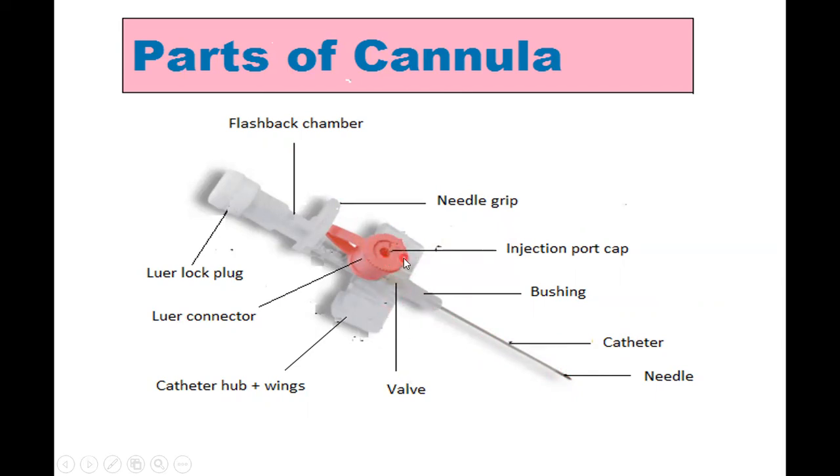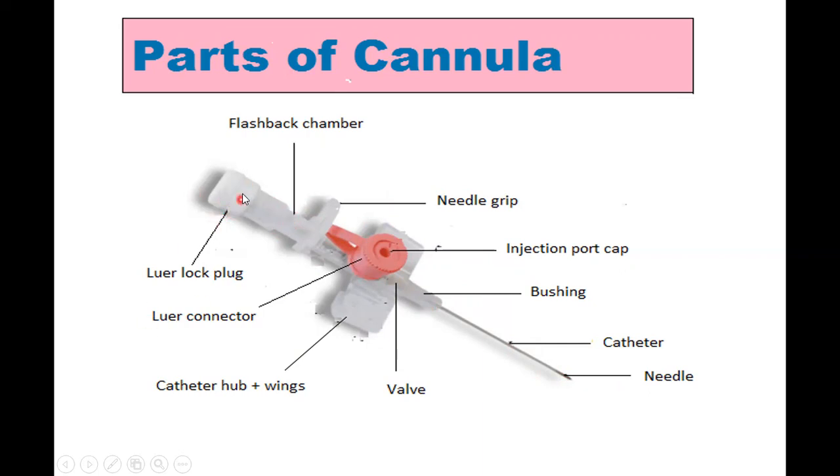Then here we have a valve. This is a one-way valve. Then we call this the needle grip, and that's the flashback chamber. When you're inserting the cannula, immediately the cannula is in a vein, you're going to see blood appear there. So this is a flashback chamber.